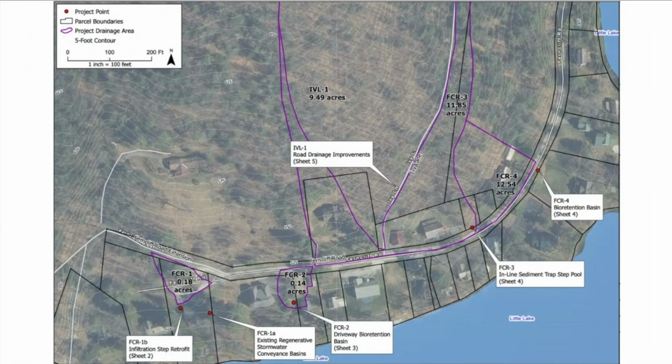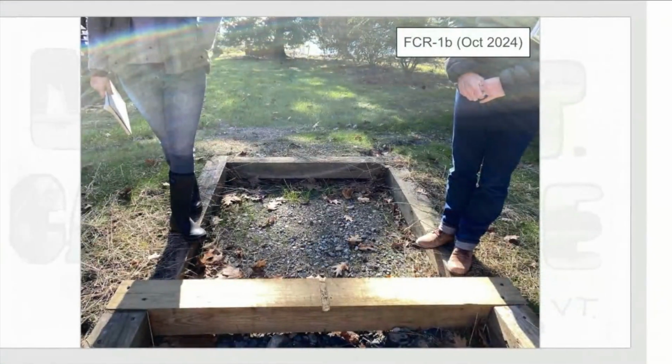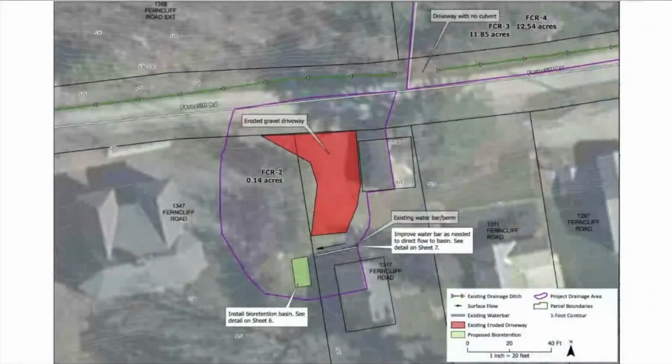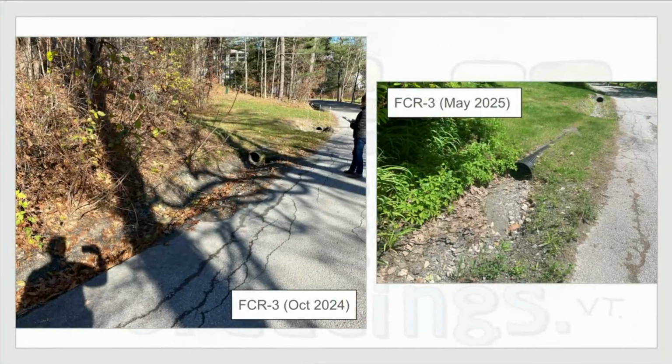You've got dwellings, wells, septic systems. The road is very tight to try to manage stormwater. So in this case, I'll hop back again. We're really working with the space that we have.